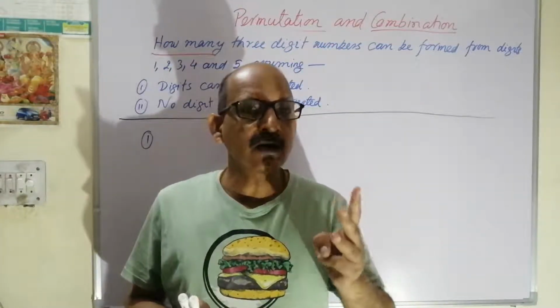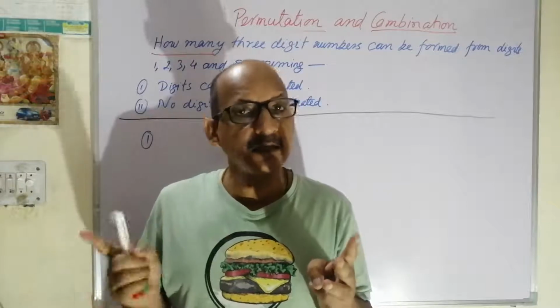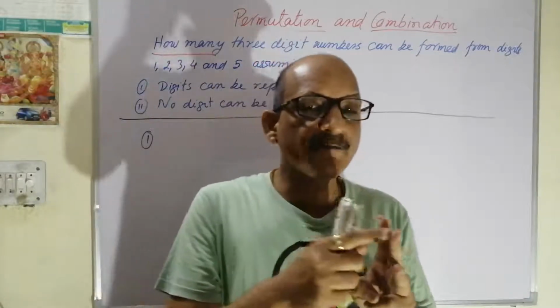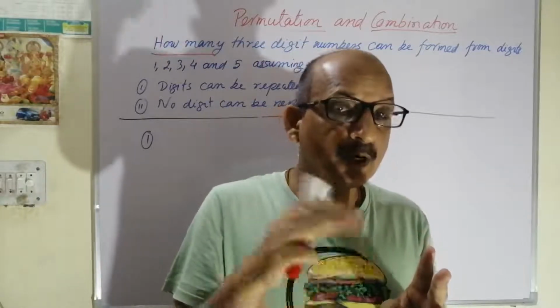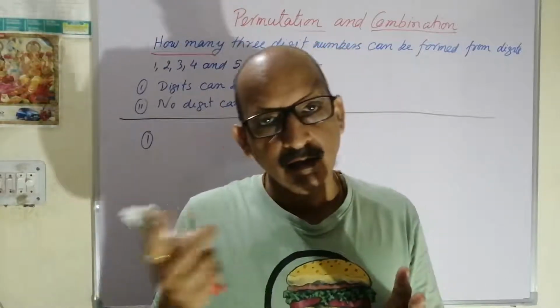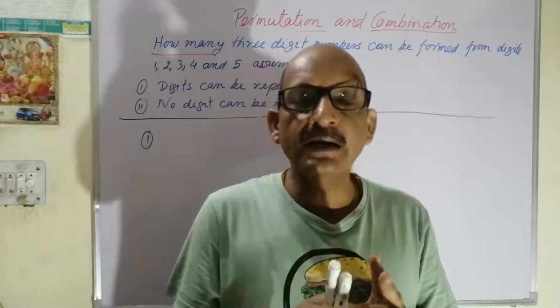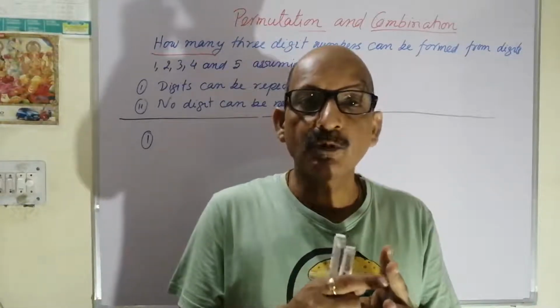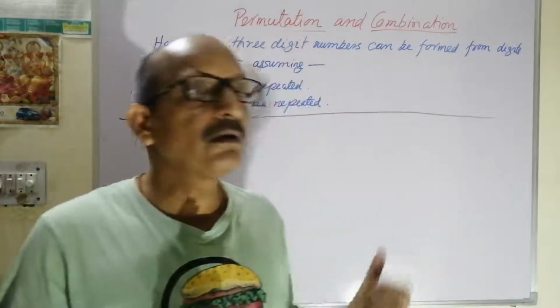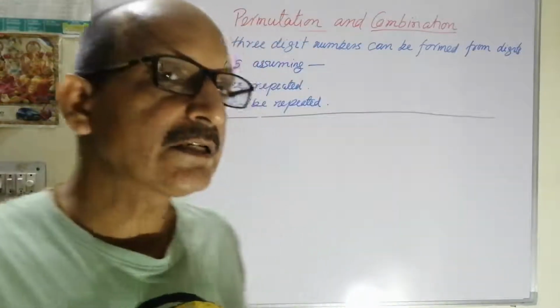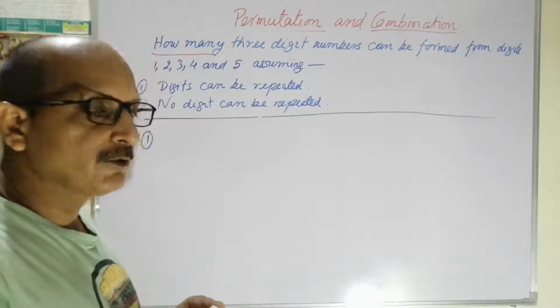The shirts can't play the role of trousers, neither can trousers. So a shirt can be followed by a trouser. In how many ways can we put a shirt and a trouser, thereby the word and is appearing. We say we have to apply here the principle of multiplication. We'll learn how to apply these different principles in forthcoming questions.